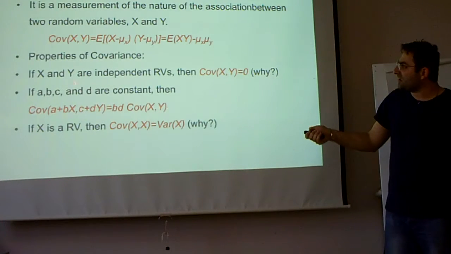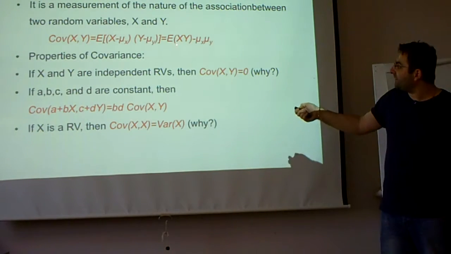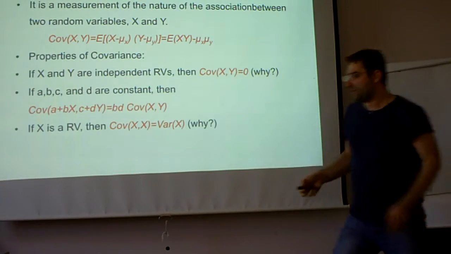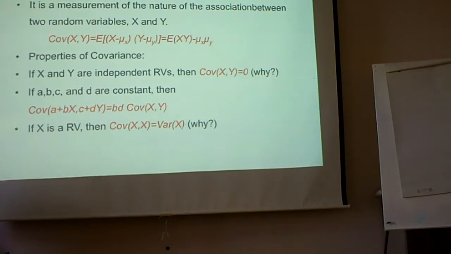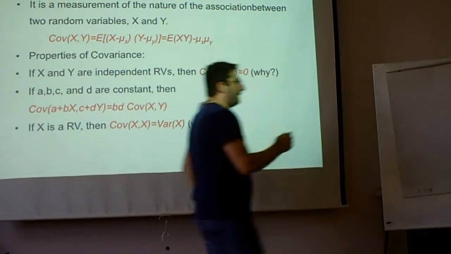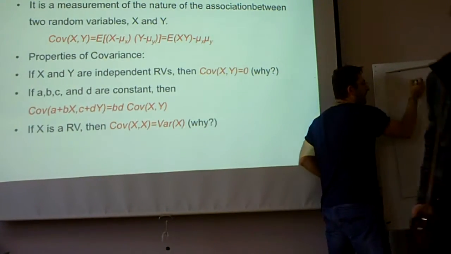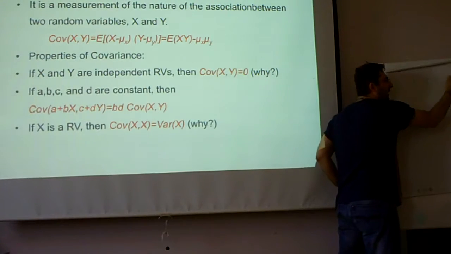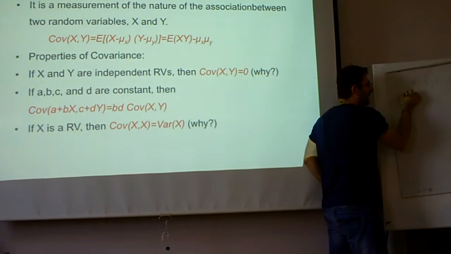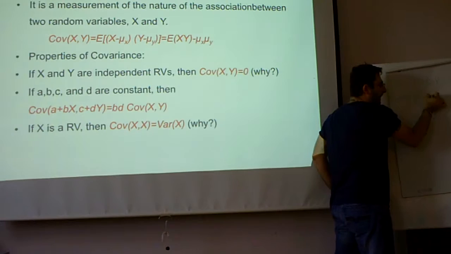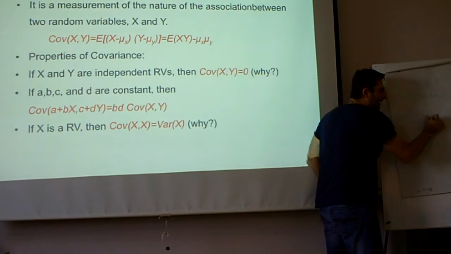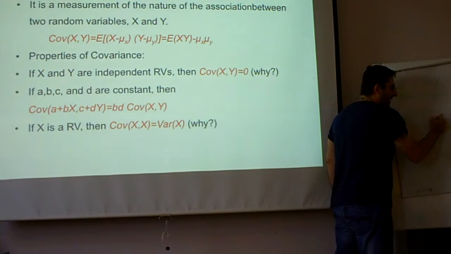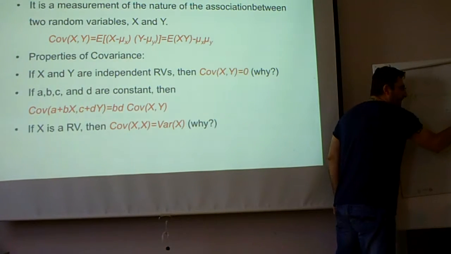Now, if x and y are independent, the expected value of XY is E[X] multiplied by E[Y].